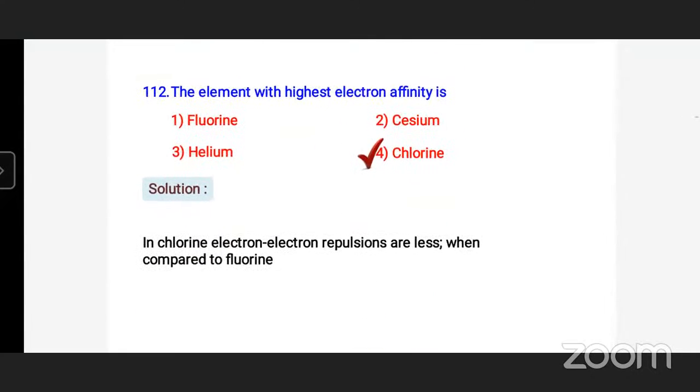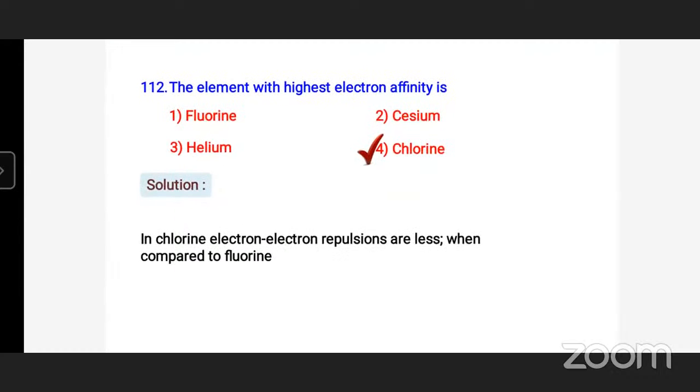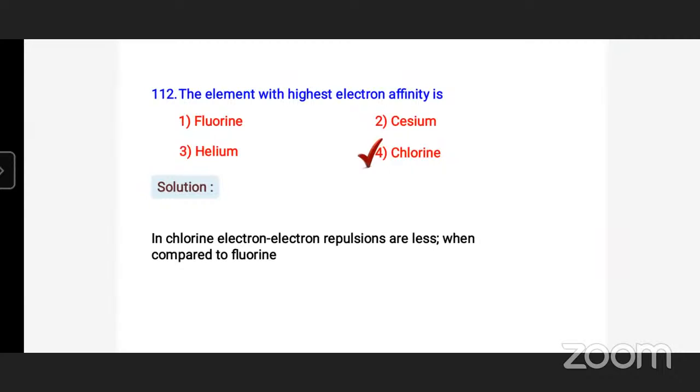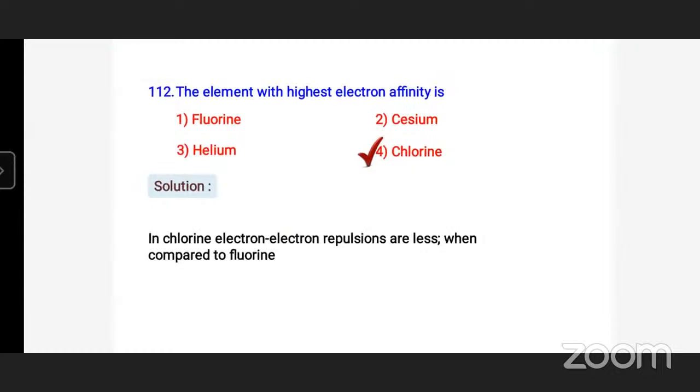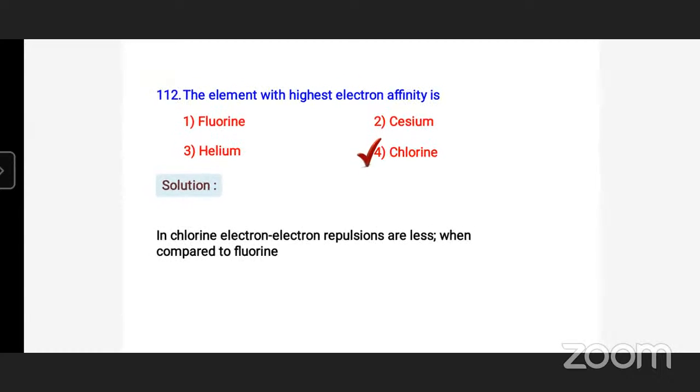Next: the element with the highest electron affinity. Number one, fluorine. Number two, cesium. Number three, helium. Number four, chlorine. In chlorine, electron repulsions are less compared to fluorine.